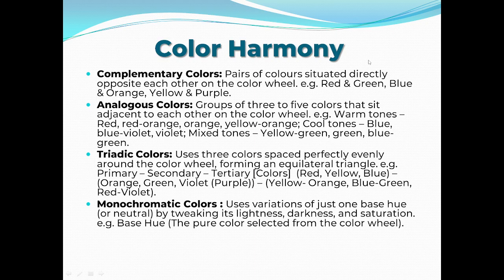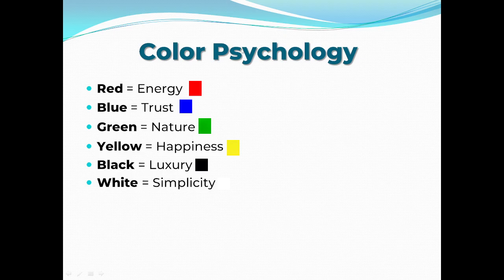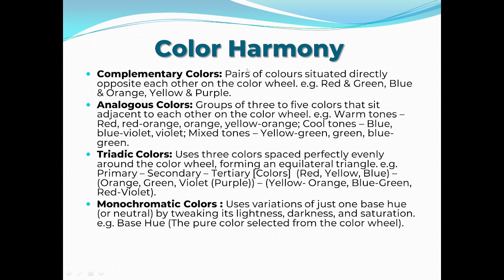How they are used together in a unified form, in uniformity, to maintain oneness, to maintain unity, without any form of misinterpretation or any form of color mismanagement, misuse and all those things. So that's basically what color harmony is talking about.